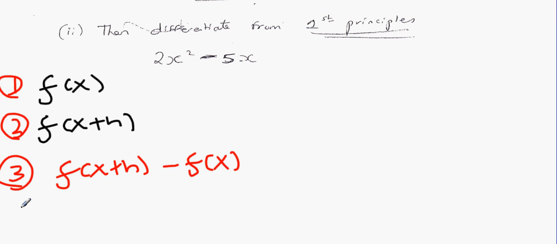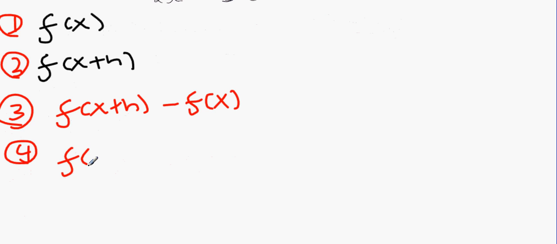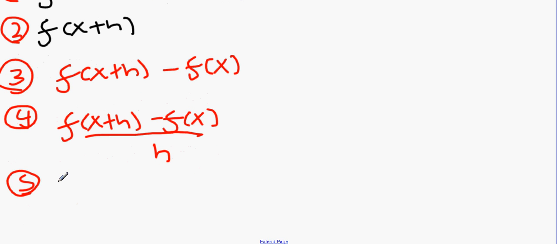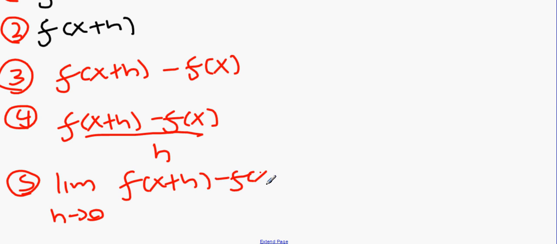My fourth step would be f of x plus h minus f of x all over h. And my fifth step would be the limit as h approaches 0 of f of x plus h minus f of x all over h. So that is 5 steps, okay?